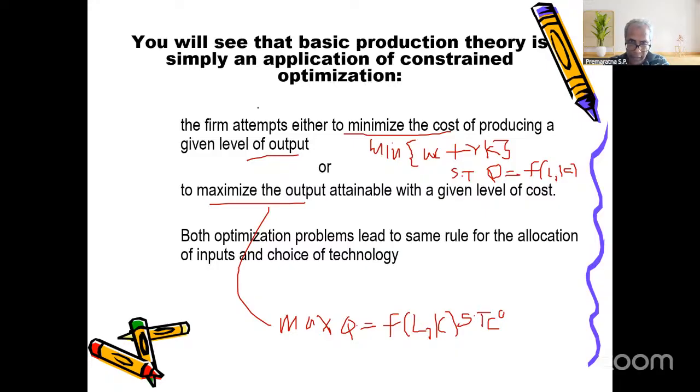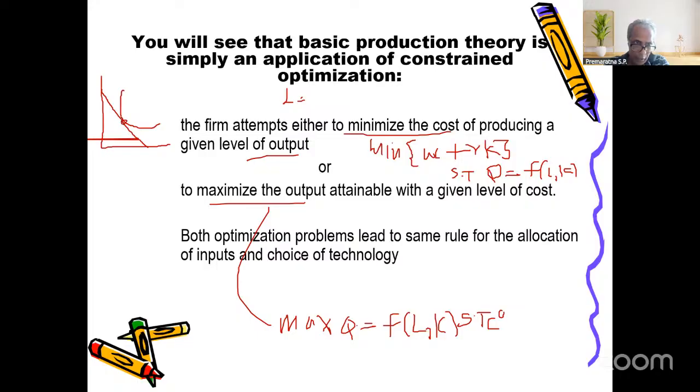Then we have to use the Lagrangian equation. We did those, with first order conditions and the second order condition, and in both cases we obtain the optimal point, cost minimization or output maximization.